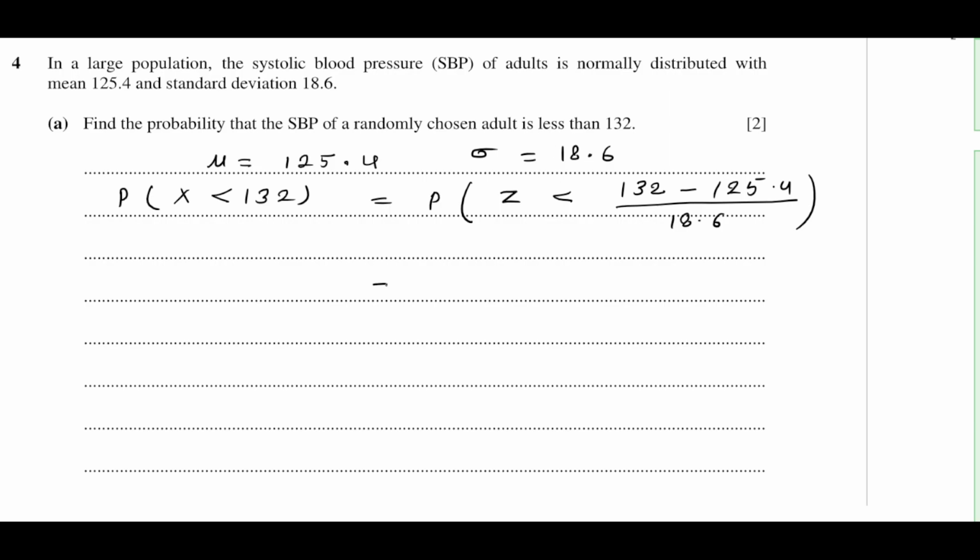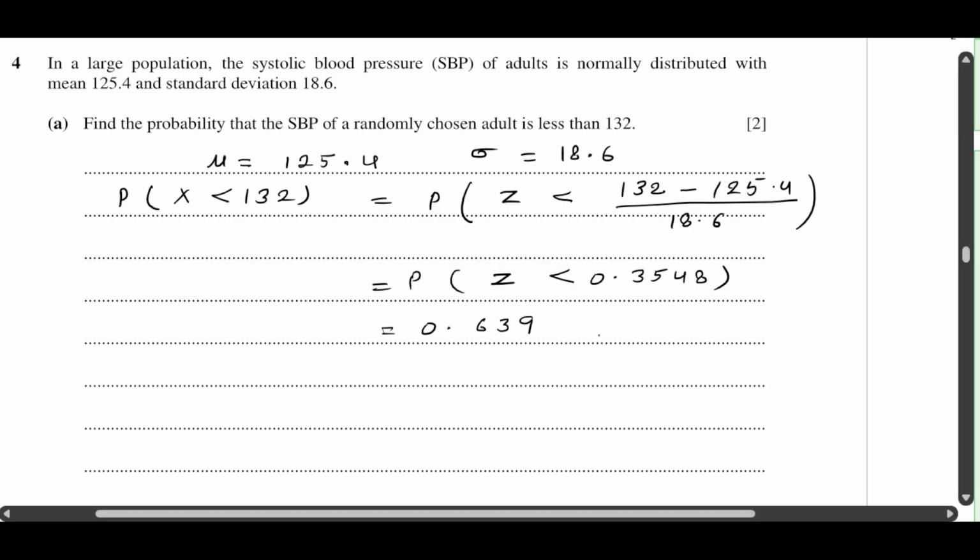The probability of Z less than 0.3548. Now z is less than this particular value, so it is 0.639. This is your probability, 0.639.